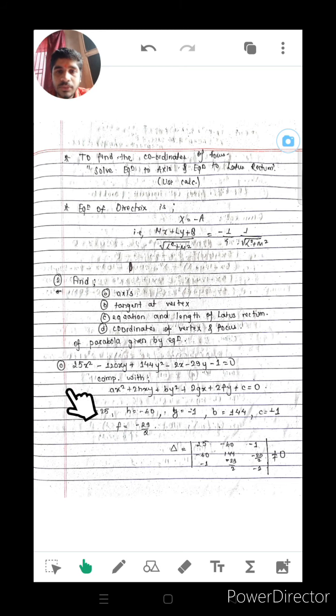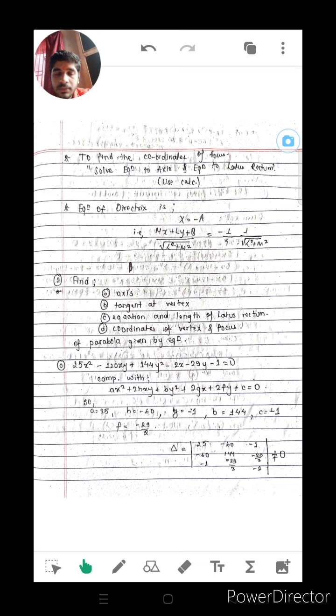Here the question is 25x square minus 120xy plus 144y square minus 2x minus 29y minus 1 equals 0. Here we have to find the axis, the tangent at the vertex equation, the length of the latus rectum, the coordinates of the vertex and the focus of the parabola given by the equation.